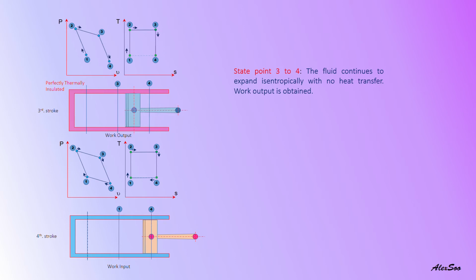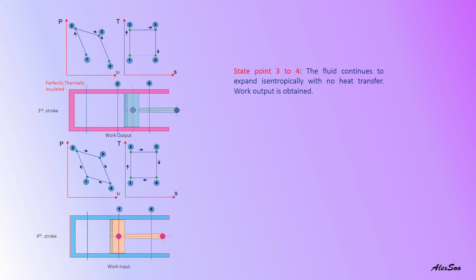And remember, from point 1 to 2, no heat flow, and 3 to 4, there is no heat flow. From the TS diagram, you can see from 2 to 3 there is an increase in entropy. That means it is a heating process. And from state point 4 to 1, it is a cooling process.